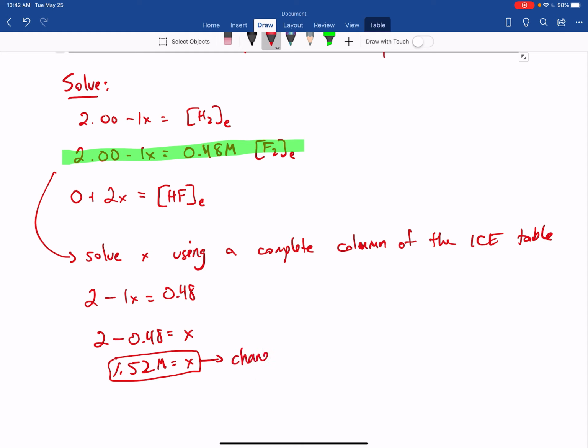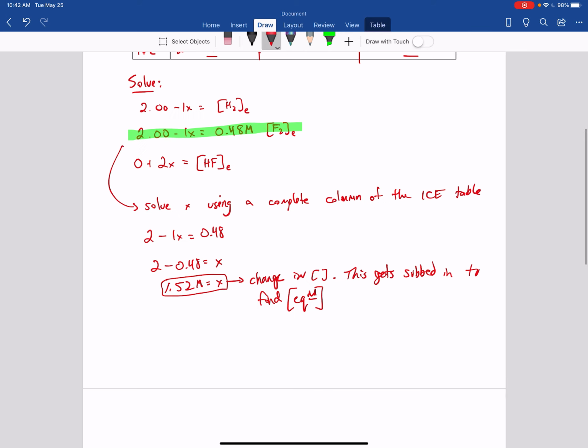This is what the change in concentration is described by. So we'll say that this gets subbed in. And that allows us to find the equilibrium concentrations. And again, that's just my abbreviation for equilibrium. And concentration is the square brackets.